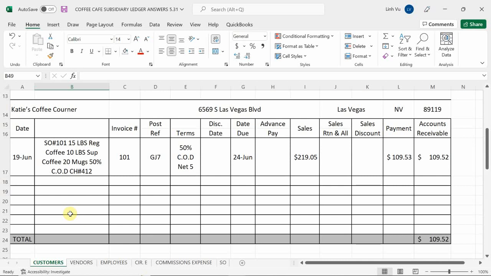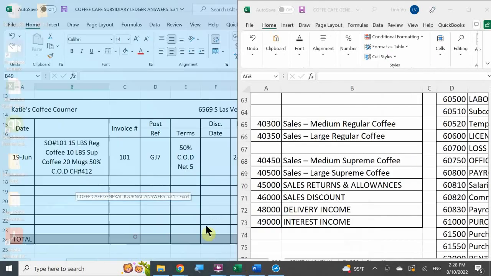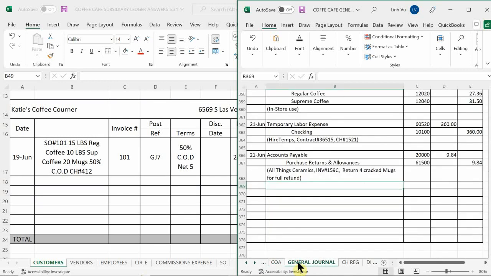And you can also go to the accounts receivable account and see that invoice number 101 is there. So in this case, yes, we are going to take it out from accounts receivable. So we got 45,000 for the sales returns and allowances, and we have the accounts receivable to be 11,000.